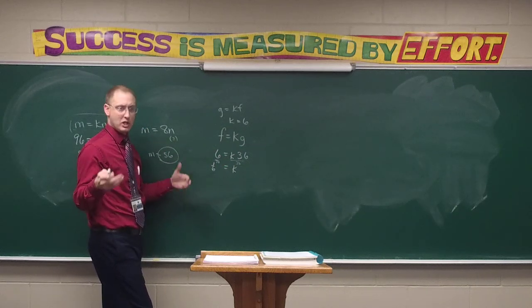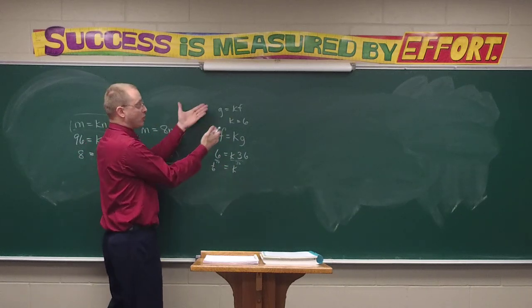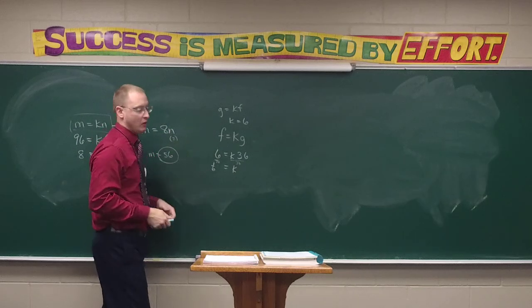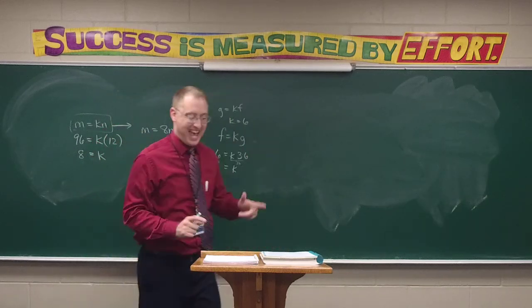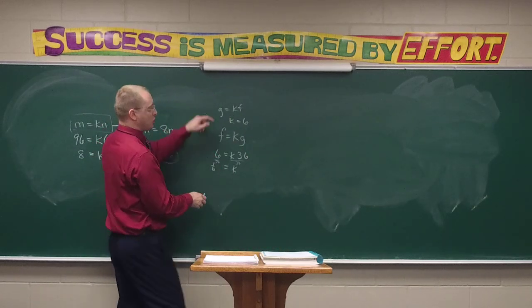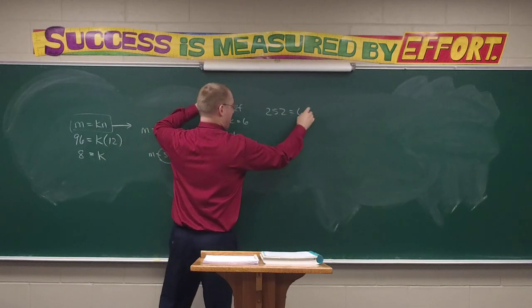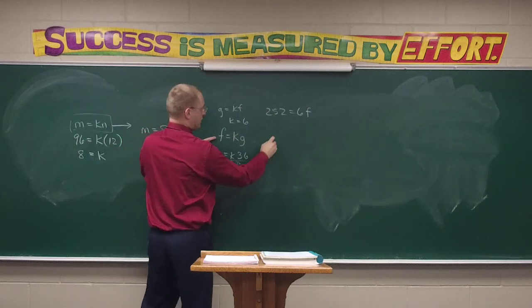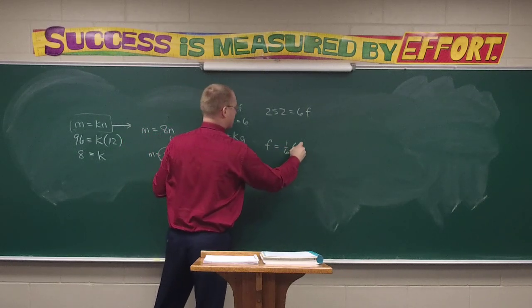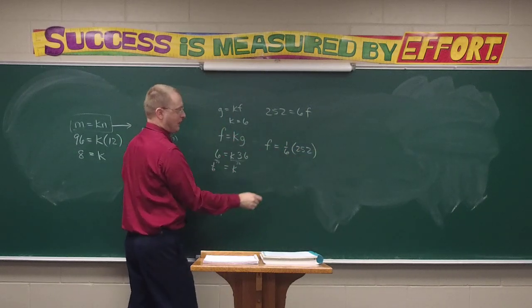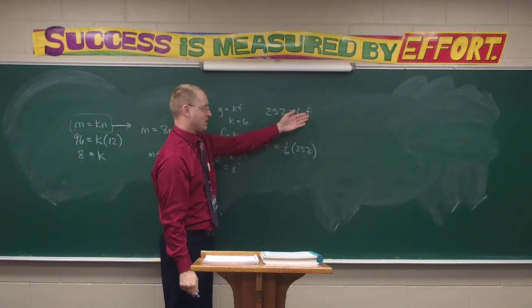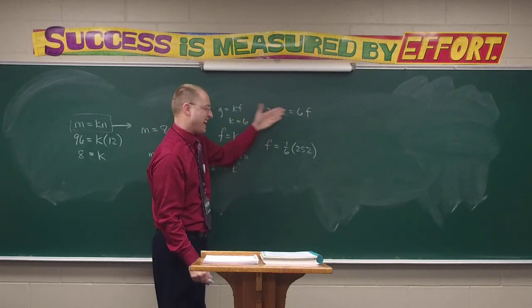Make sense? There's two ways to approach a direct variation, depending on which one you call dependent, which one you call independent. So then it says find f if g is 252. Well, if you approach it this way, you're going to get 252 equals 6f. If you approach it this way, you'll say f is equal to 1/6 of 252. Well, either you're multiplying by a 6th, or you're going to divide a 6 from both sides to get your f.